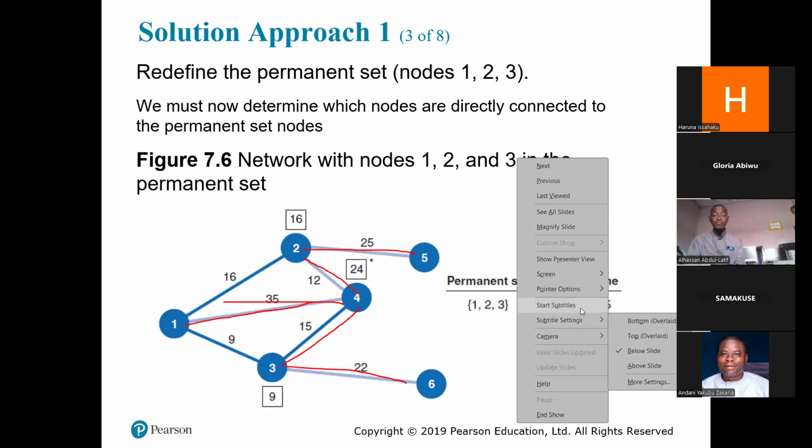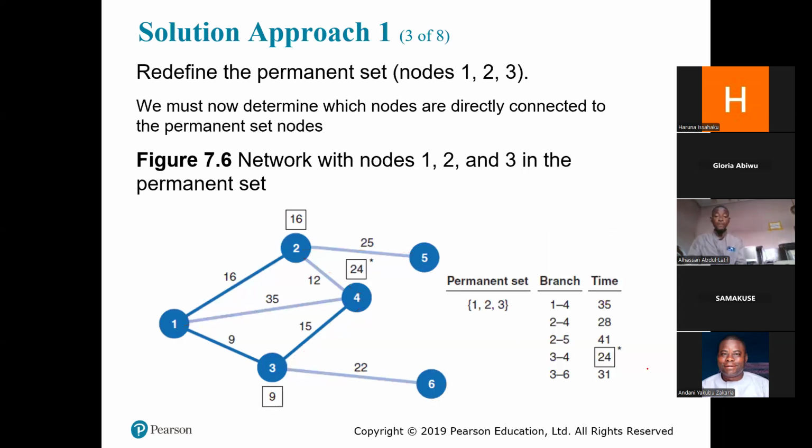Okay. So once again, among them, you look at which one of them has the least time to cover. So we start with them one by one. So we have what? The branch 1, 4. Branch 1, 4 is what? 35. So 1, 4, 35.